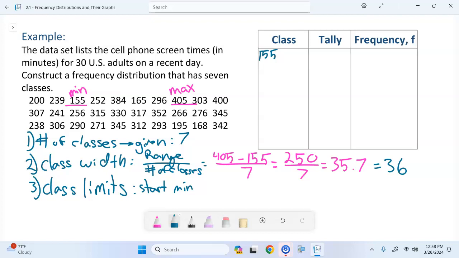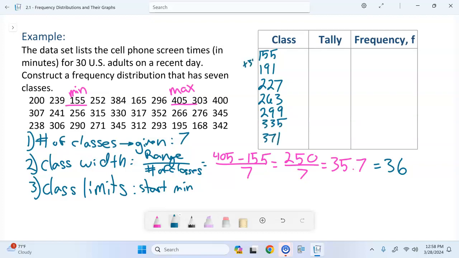Plus 36 again, and again. 191, 227, 263, 299, 335, and 371.